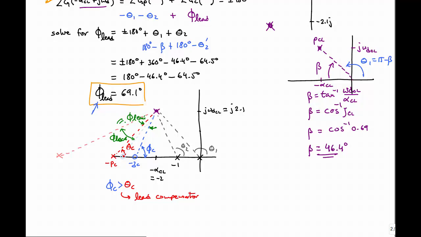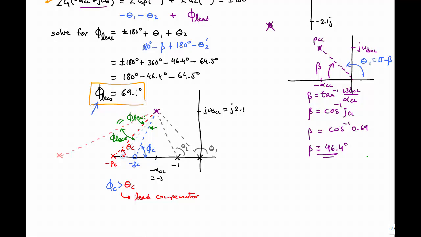Now, there is a limit to how far left you can place the compensating zero, because at some point the angle that is added by phi c is going to become smaller than the lead angle that we actually need to provide. So we can only go so far left, and I'll let you derive that, but anyway, we're not going to try to push it out to the left.